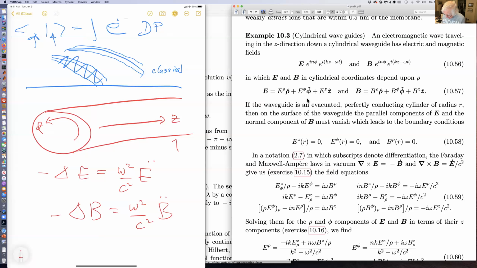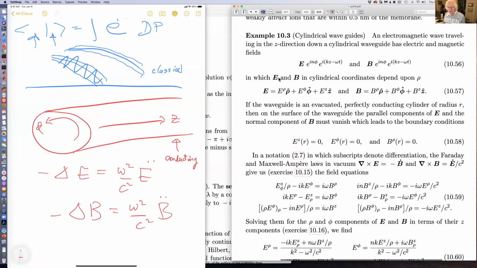So this surface here is conducting. It's copper, if you can afford copper. Gold, if you really want a marvelous conductor.